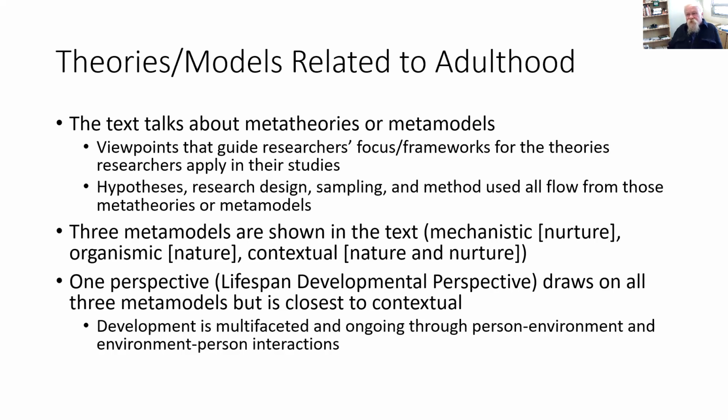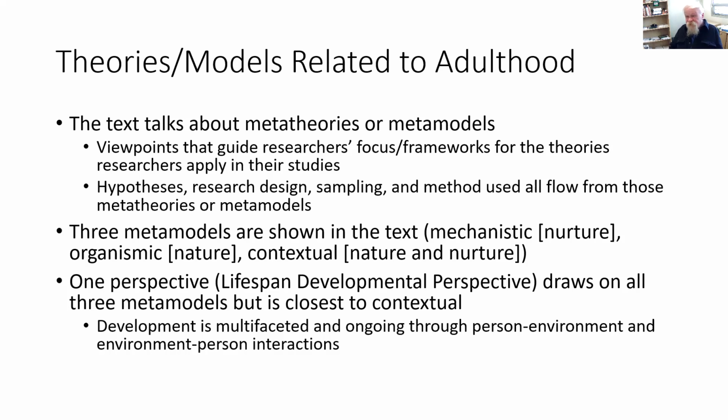All right. Now, your book starts out by talking about theories and models that are related to adulthood, okay? And so we have something called meta theories or meta models explained in the book. These are kind of frameworks that researchers use to extract how to produce hypotheses, which are specific statements of predictions about behavior, the research design, so what kind of design are you going to use in your study?